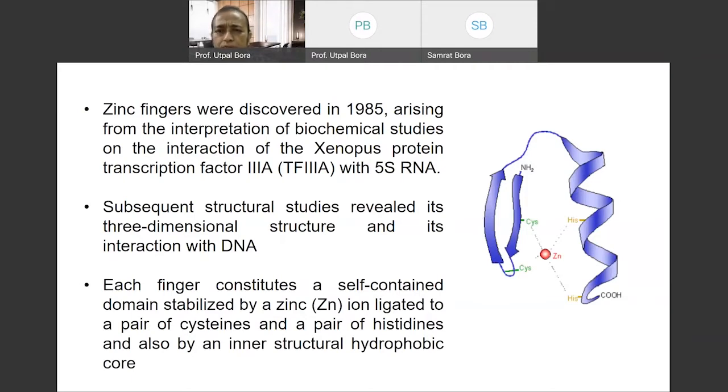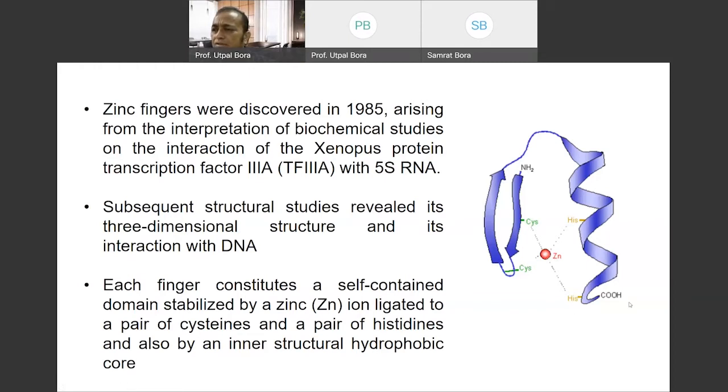With the binding of transcription factor IIIA with 5S RNA, the subsequent crystallographic or structural studies revealed its three-dimensional structure and its interaction with DNA. So the zinc finger is a self-contained domain stabilized by this zinc ion, this reddish sphere that you can see.